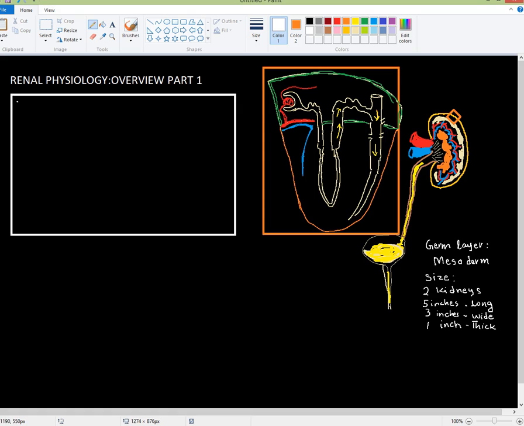Okay, and they're bean shaped, like it's shown in the picture. So that's the normal structure of the kidneys.